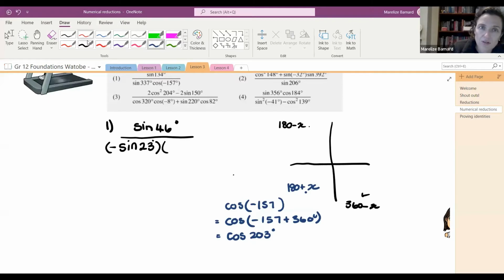So that'll be cos of 23. And we also need to make it negative because 203 is in the third quadrant and cos in the third quadrant is negative.